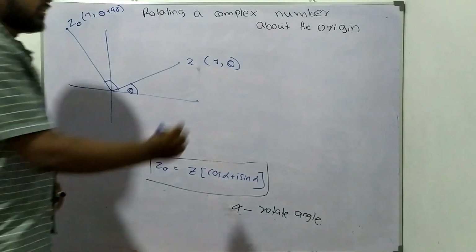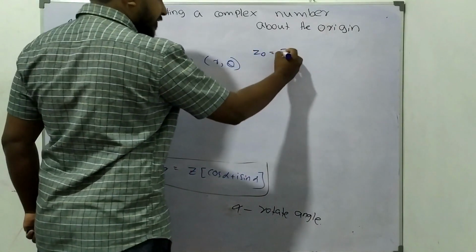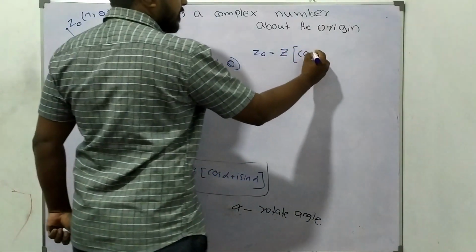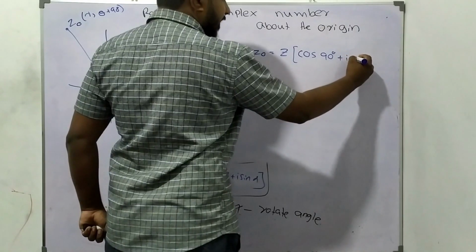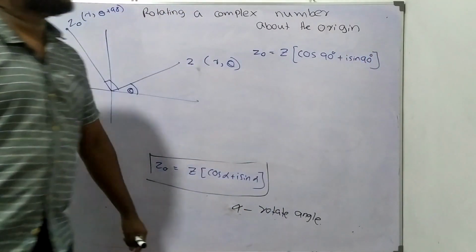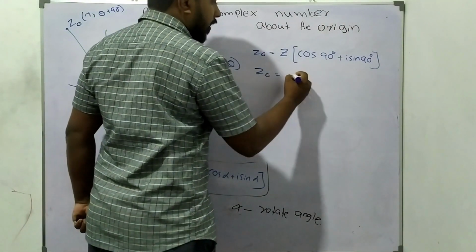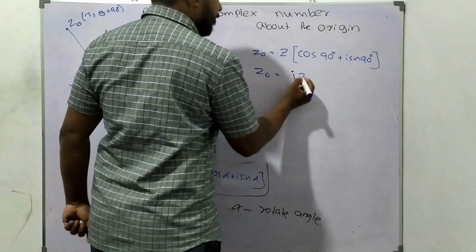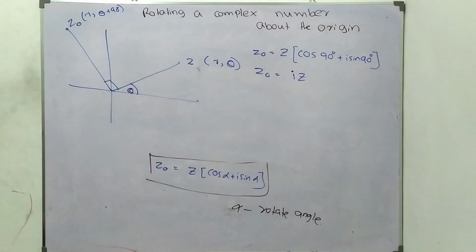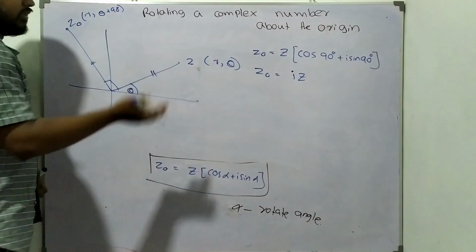So you can write z naught equals z times (cos 90 degrees plus i sin 90 degrees). Cos 90 is 0 and sin 90 is 1. Therefore z naught becomes iz. So always, if it is rotating by 90 degrees, it will be iz, and the modulus stays the same.